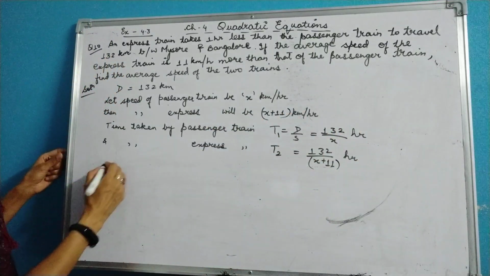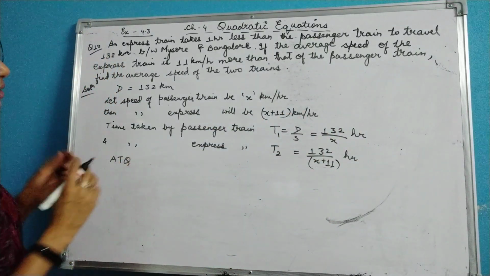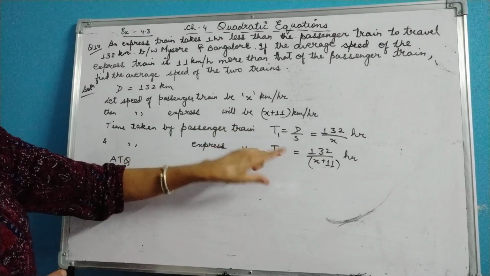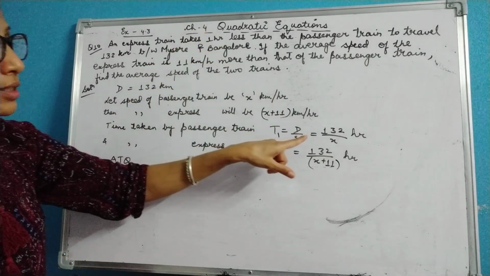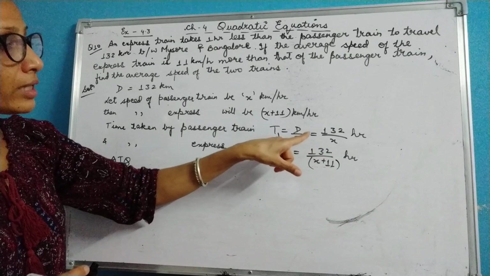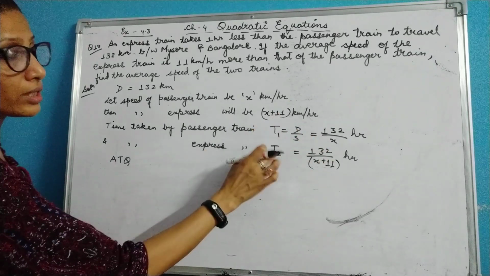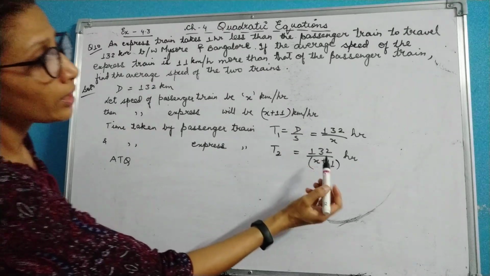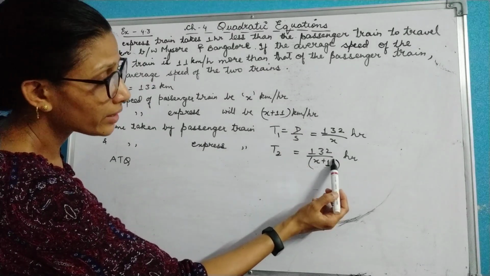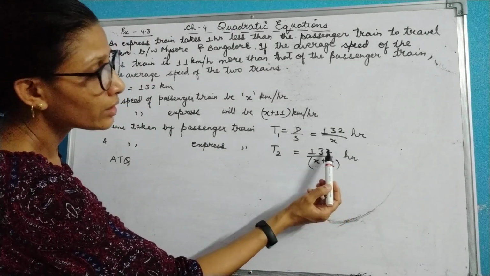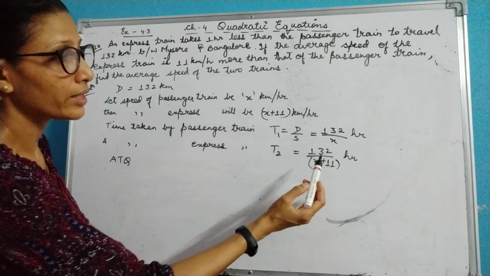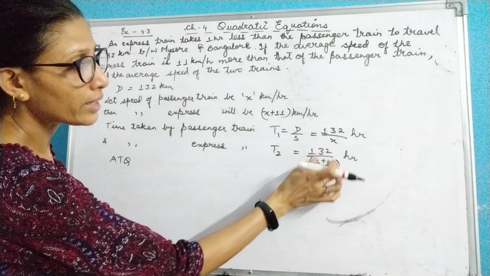Now children, according to the question, the difference in time is given to us as 1 hour. But here you need to be very careful about which term you are going to write first, because you are going to take the difference. So I told you, the greater the denominator, the lesser the answer you will get. So here you will get the lesser answer.